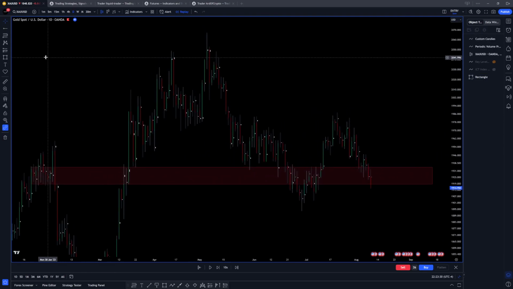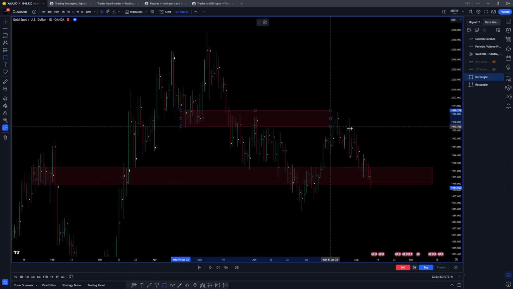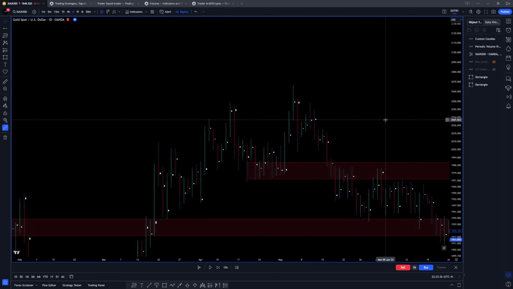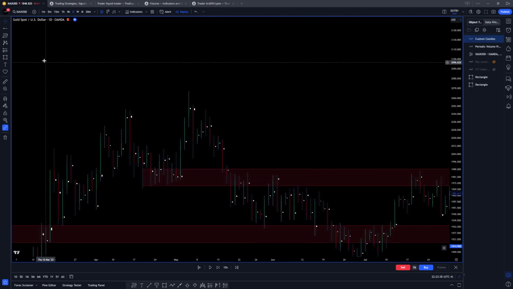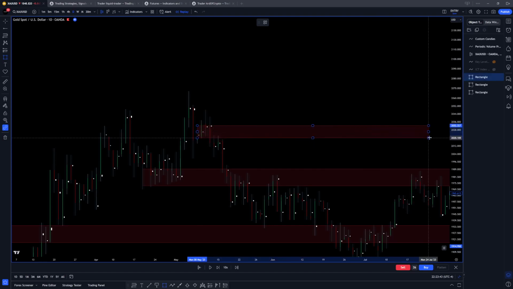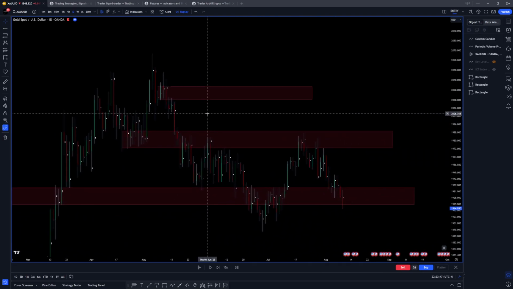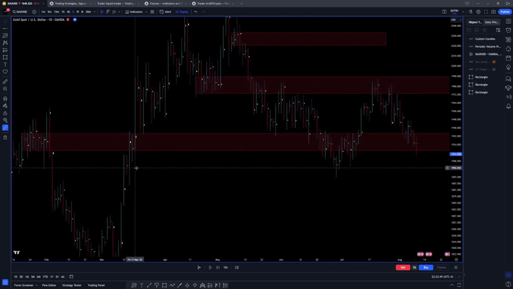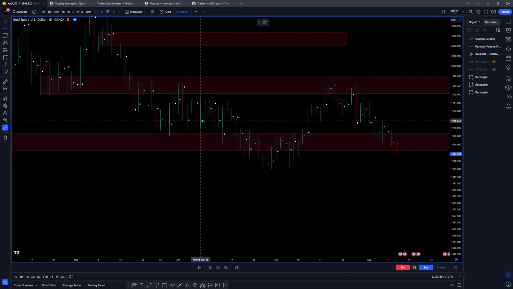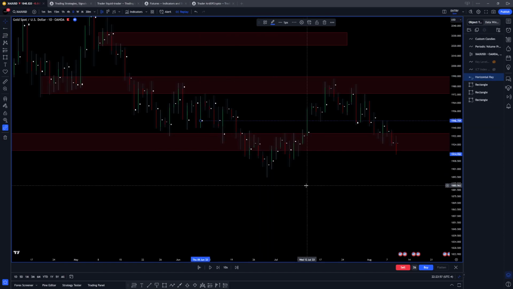You got a stack of PLCs right here, and then you got a stack right here. And this is subjective. You can put them however you want to. What I normally do is, and it's manual work, but it works very well, is just take each point of control and put a horizontal line there, and you'll see why in a minute.